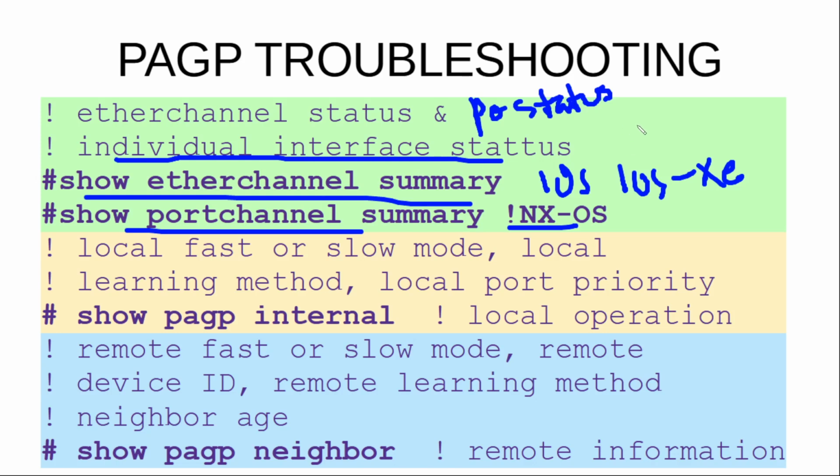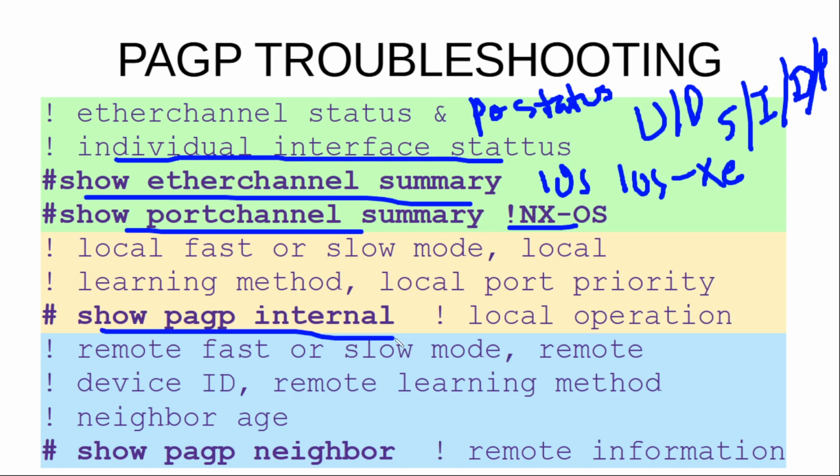Such statuses are, for instance, whether it is up or down, or whether your individual interfaces are suspended, working as individual, administratively down, or participating. So there are many statuses out there.